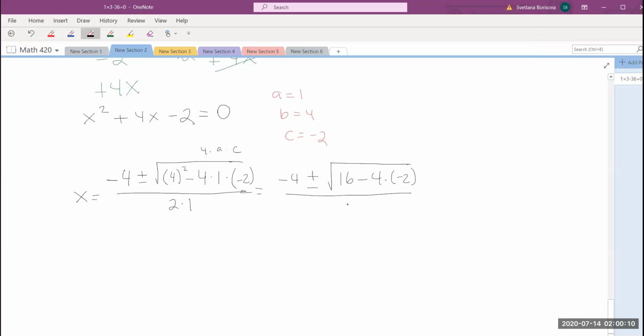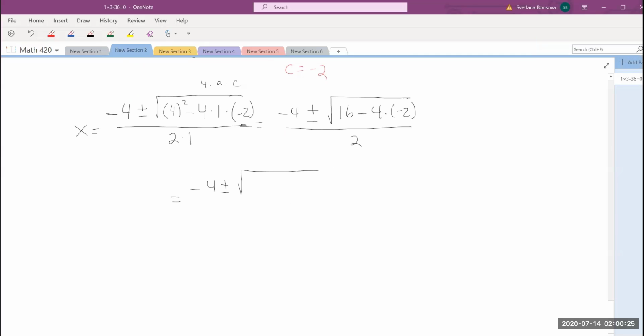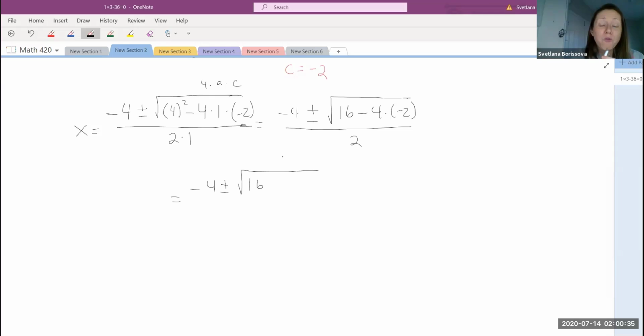Yeah. Okay. And then, so let's go back to that square root. Then what would you write next inside the square root? 16 plus 8. Okay. Yeah, I think I would write it the same way. So that minus sign, you can either think about it as a minus sign, or you can combine it with 4, right? You can treat it as negative 4.